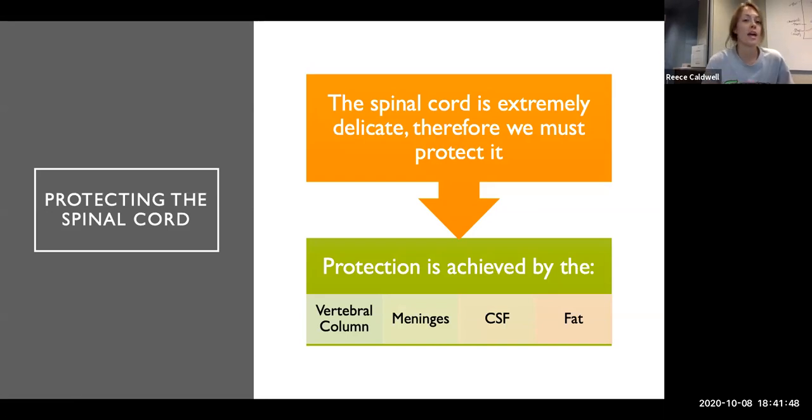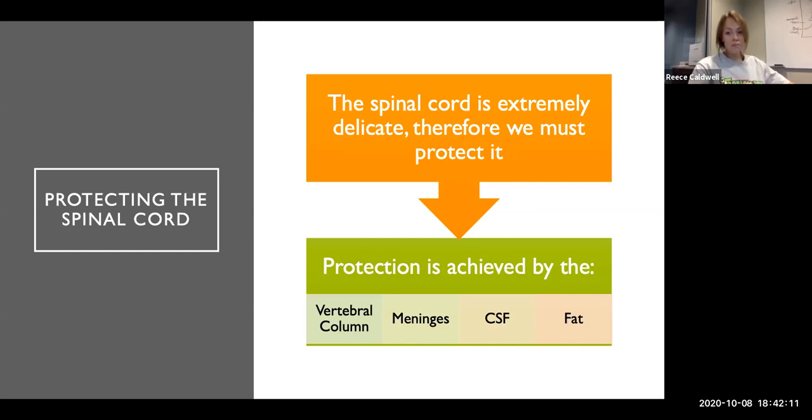Even a tiny pinch or injection, just the smallest little thing to the spinal cord, can result in paralysis, death, anything.